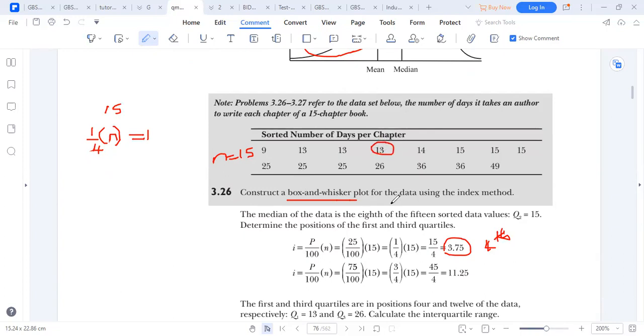We're going to pick this part here. The upper quartile is 3/4 of 15. It's 11.25. The nearest is the 12th number. So 4, 5, 6, 7, 8, 9, 10, 11, 12. 26 is called our upper quartile.